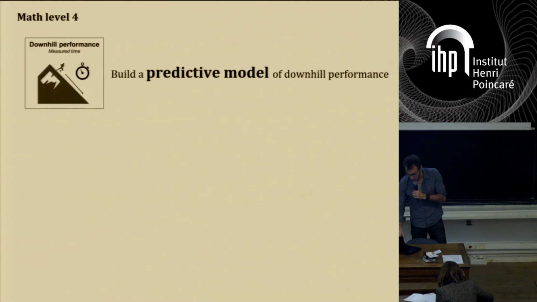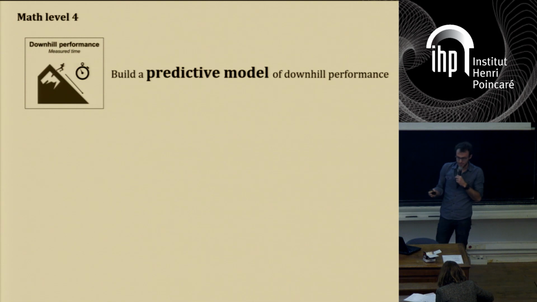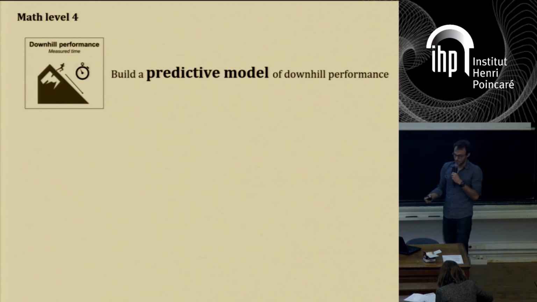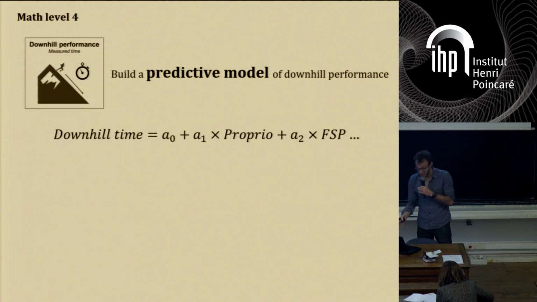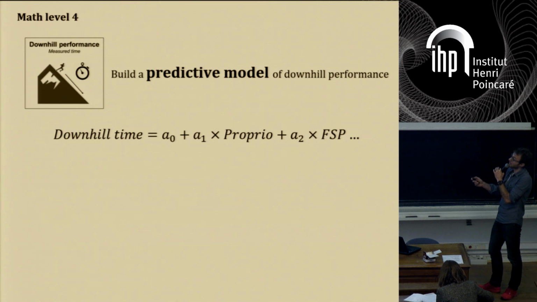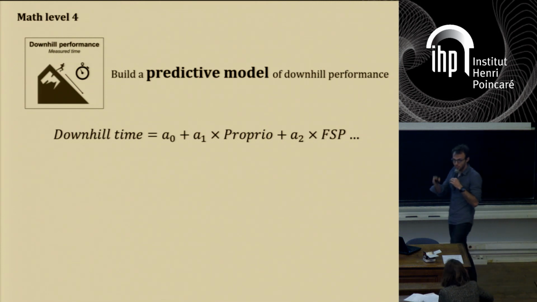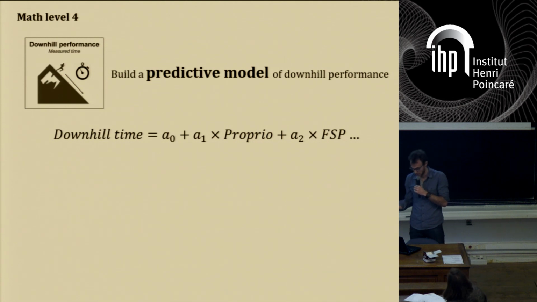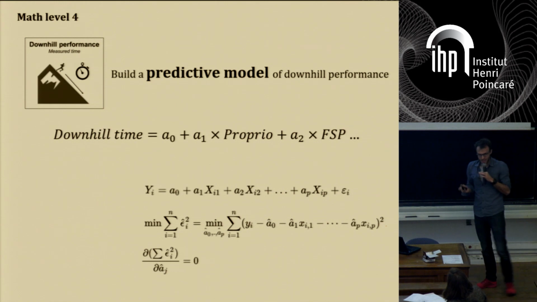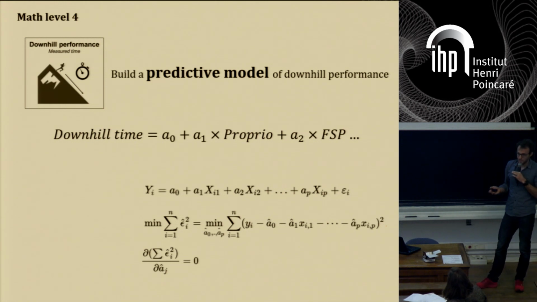We wanted to build a predictive model of the downhill performance, to get an equation where the downhill time equals a weighted equation. For that, we use a method that I think is called the least square method.